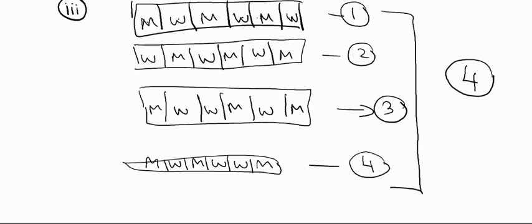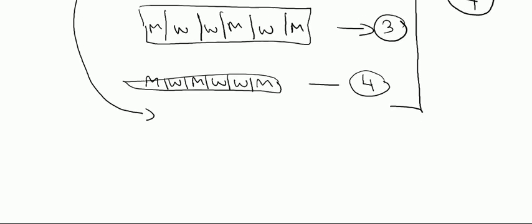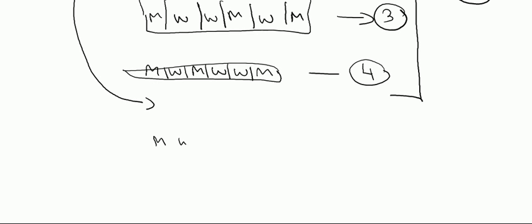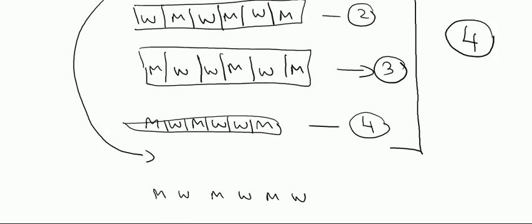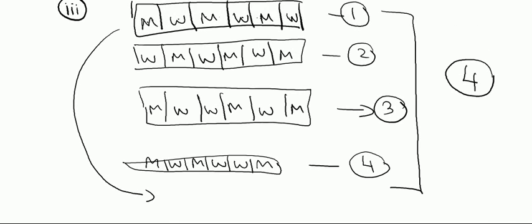However, in each of these possibilities, let me illustrate this by our first possibility. The first possibility was men, woman, men, woman, men, woman, 3 men and 3 women.